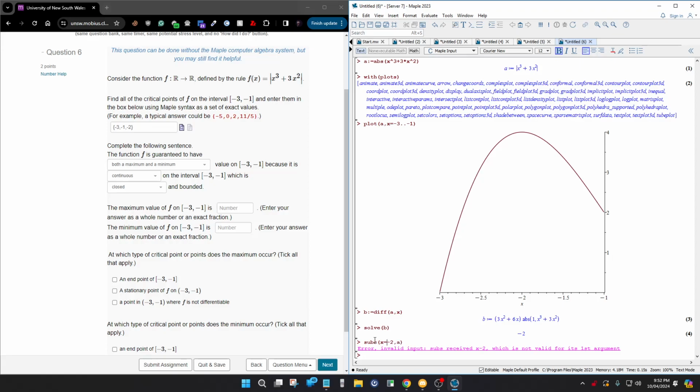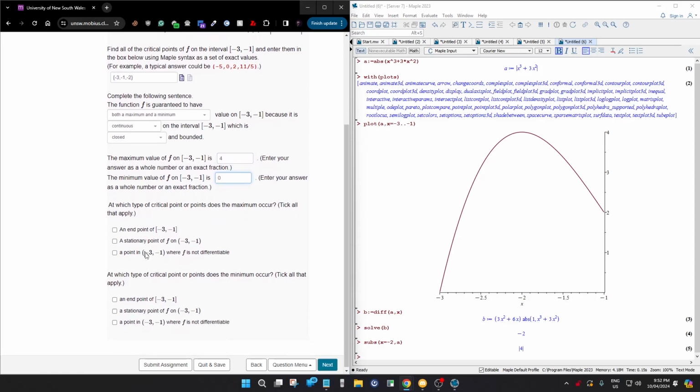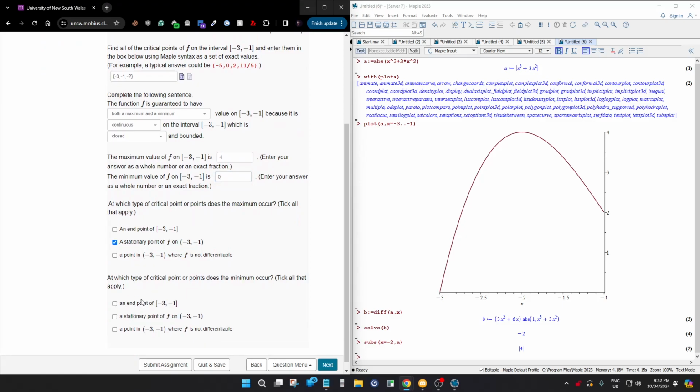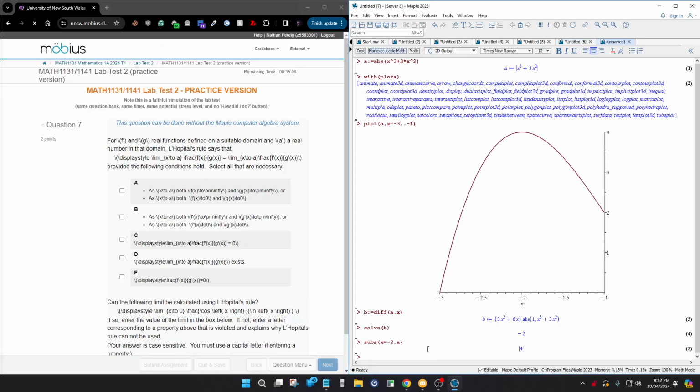And I can't write today. We get the absolute value of 4, maximum value is 4, minimum value is 0. Minimum value happens looking at it. On a stationary point. I could have just looked at it. You are correct. Does happen on a stationary point. Does happen on an end point. And we move on. Not the best time for that one.